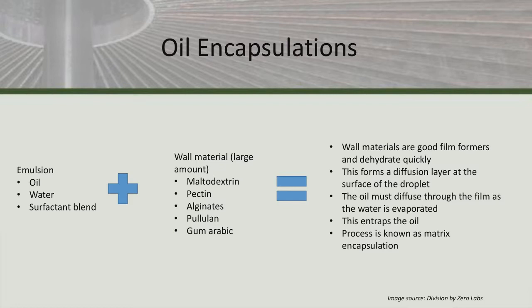This works because wall materials are good film formers. They dehydrate very quickly, and this forms that diffusion layer that we've talked about, and the oil must diffuse through the film, and this entraps the oil inside the matrix of wall material. This is known as matrix encapsulation, because instead of having one droplet surrounded by a shell, you have a whole bunch of droplets embedded within a matrix.